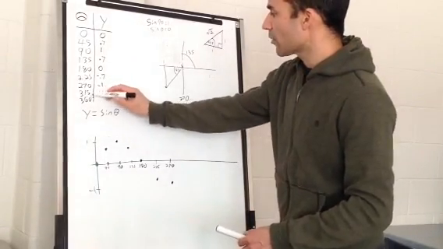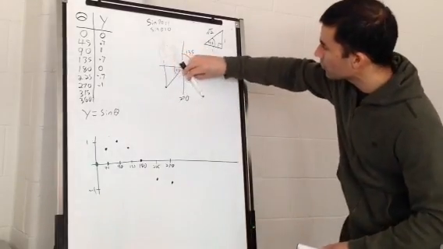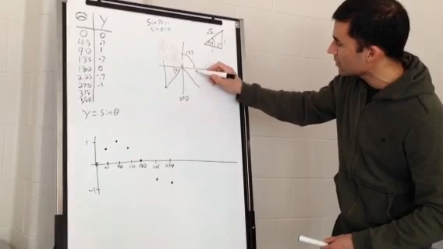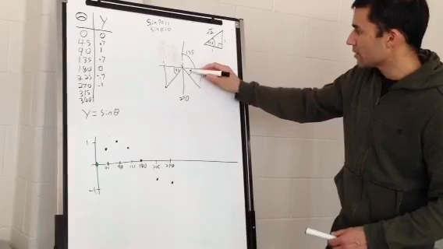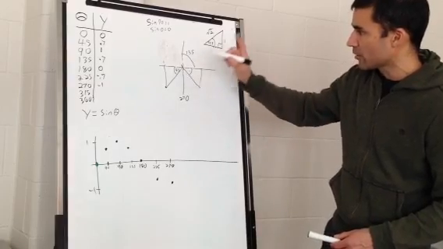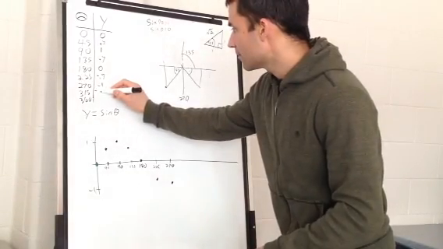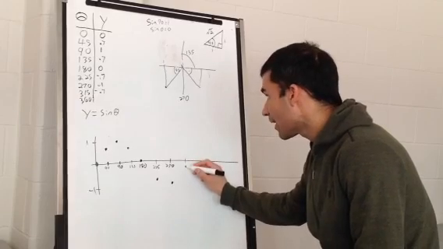If we keep rotating to 315, so from here all the way around 315 degrees, that's just 45 degrees short of a full 360. Again, we're in the same special triangle, and the sine here is the same as the sine here. They're both negative 0.7. So we come back up at 315.